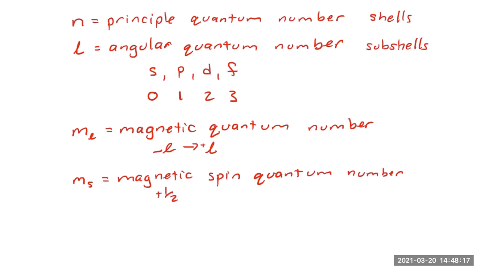So if it's positive, pointing up. So that was our arrows pointing up. And minus 1/2. Remember, those are when you drew our arrows pointing down. So these 4 different quantum numbers give us the exact location of each electron. And we're going to start practicing using this and figuring out the quantum numbers for each of the electrons in our atoms.